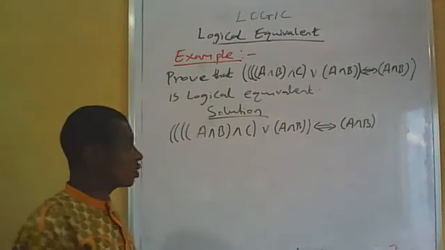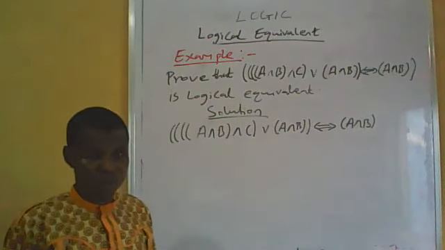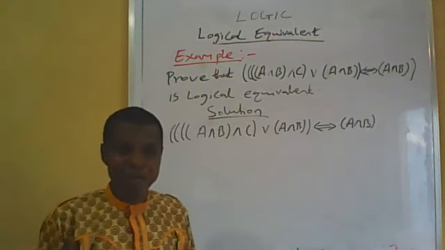So we have 8 ways to combine our truth values.